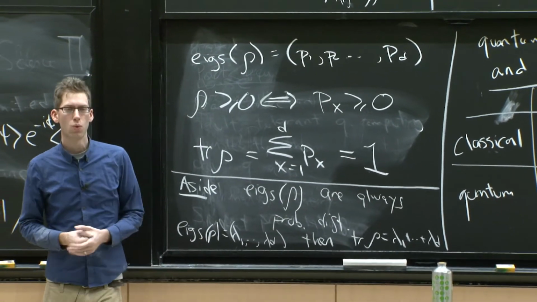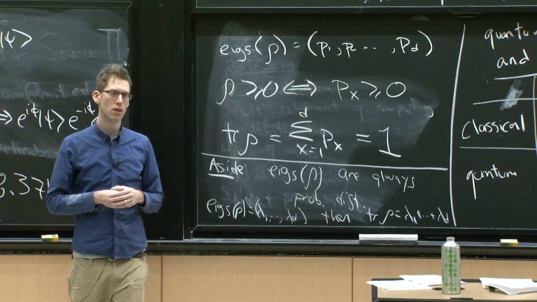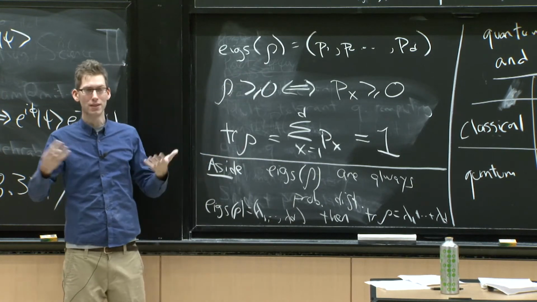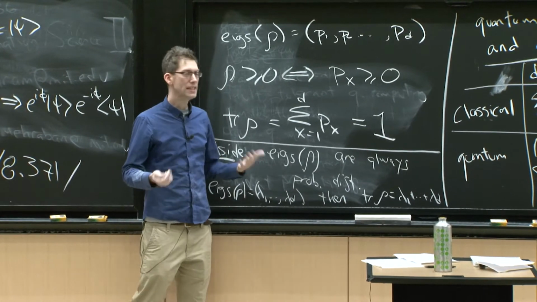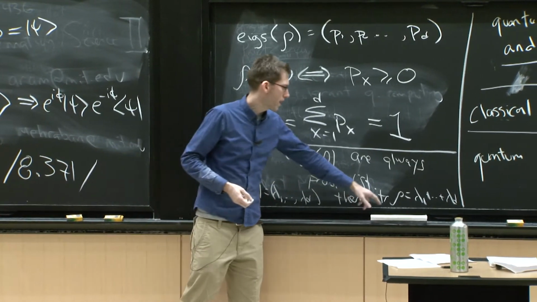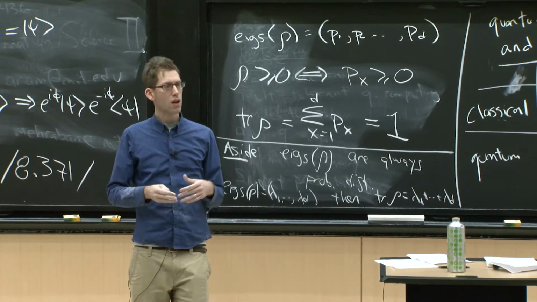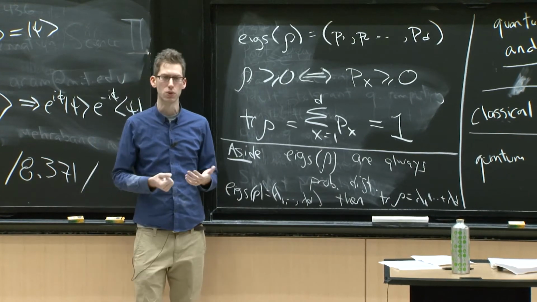One way of seeing this is that we can always choose to take the trace in the eigenbasis of rho. So this was a fact about diagonal rho, but if we diagonalize it, then in the right basis, everything looks diagonal. Then for any density matrix, the trace is equal to the sum of the eigenvalues. And so the eigenvalues are always non-negative and sum to 1. So they always form a probability distribution.